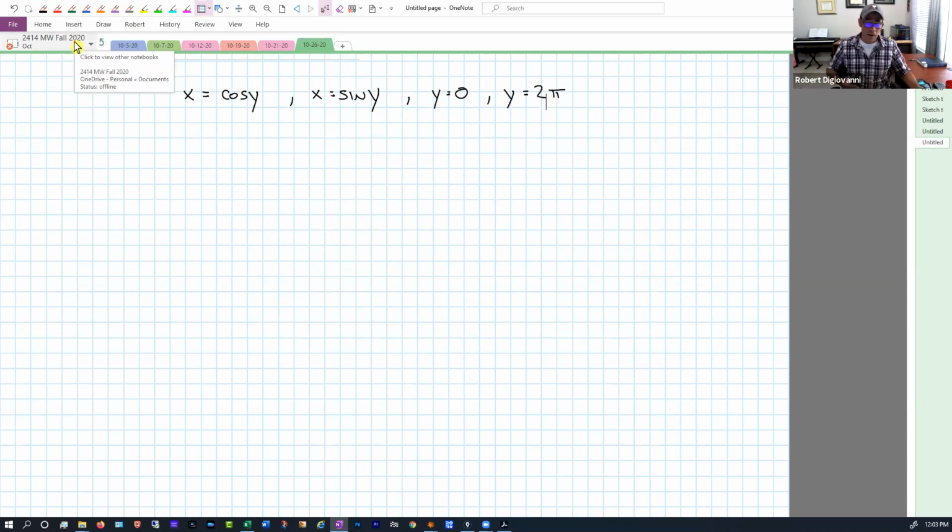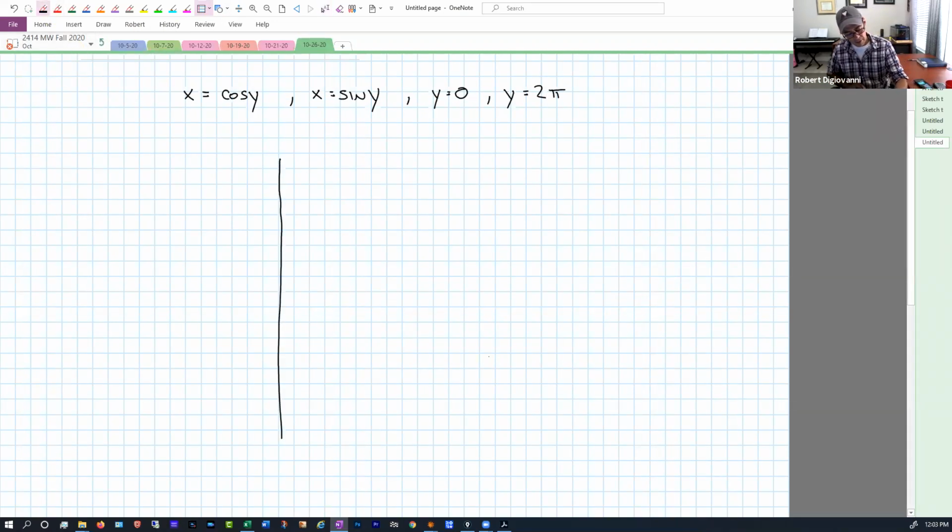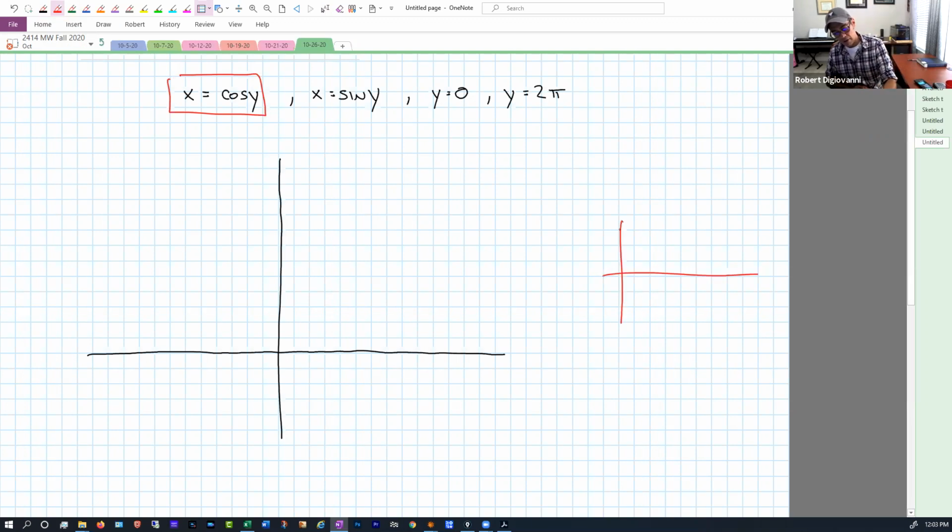First thing I would do is try and graph these, right? So let me start off by drawing my XY axes. And then on this first one, which I'll do in red, I need to realize that this is a function of y, not a function of x, right? So this is basically the cosine curve drawn vertically instead of horizontally. I'd have to know that the normal cosine curve starts at 1 and goes through a period of 2 pi.